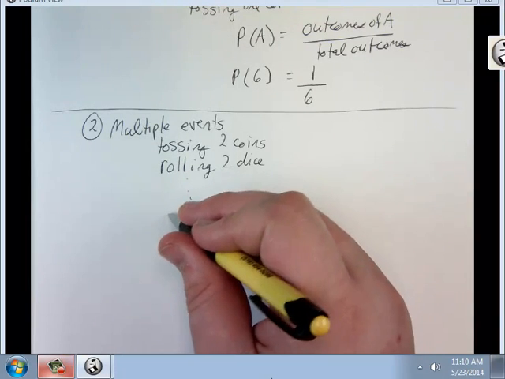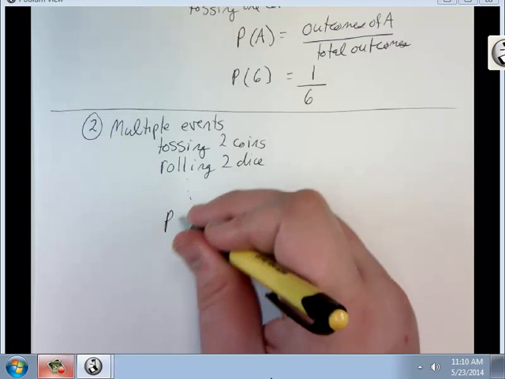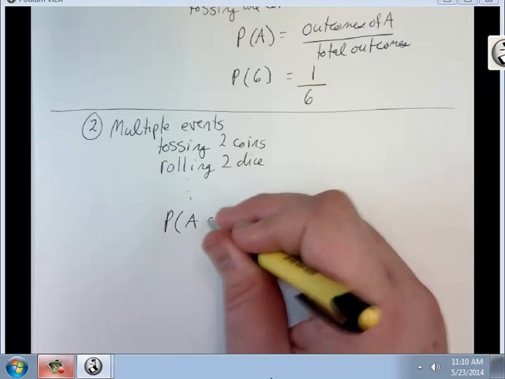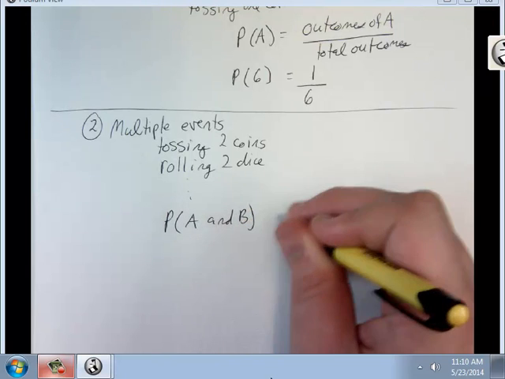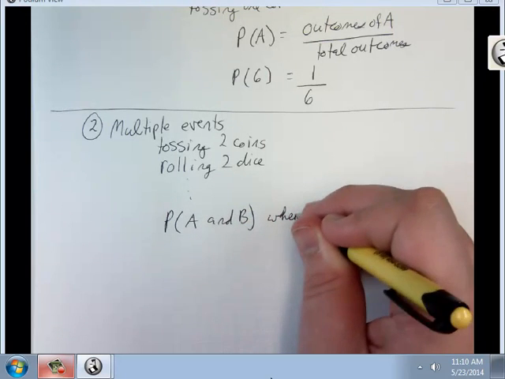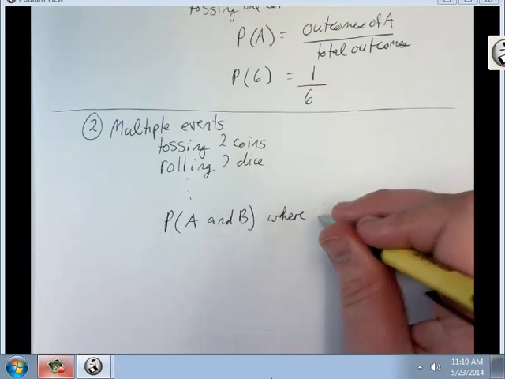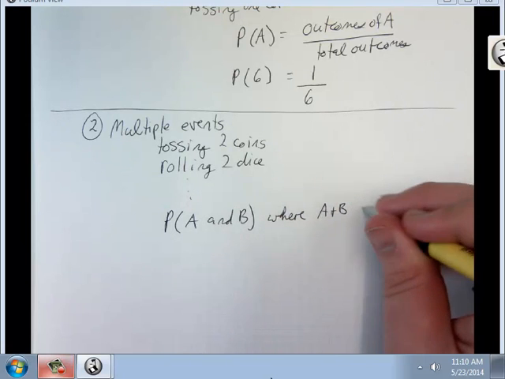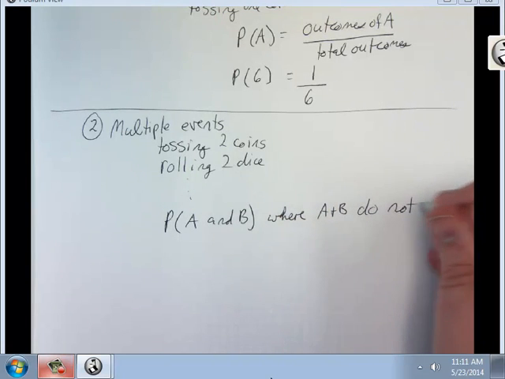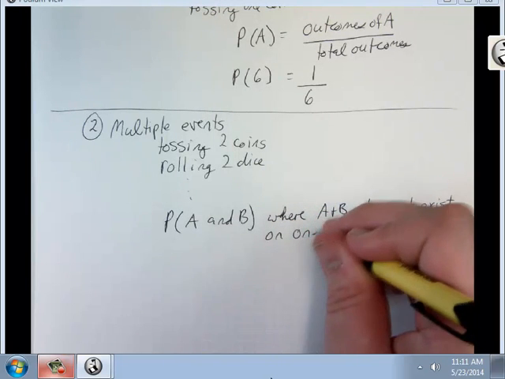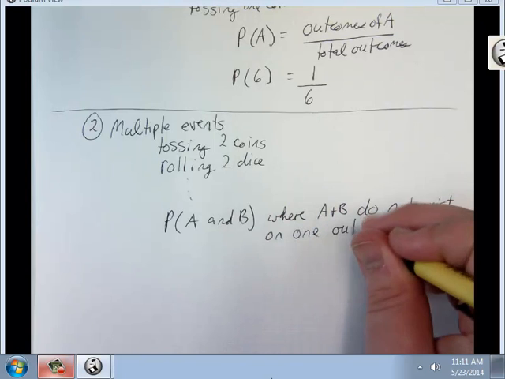You could have the probability of A and B, where A and B do not exist on one outcome together.